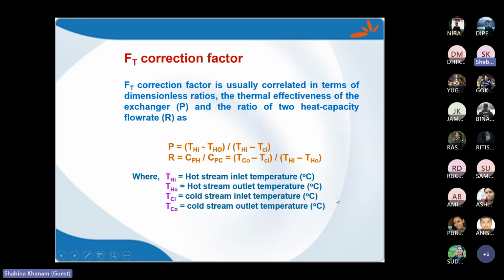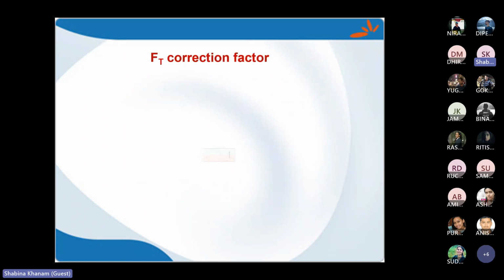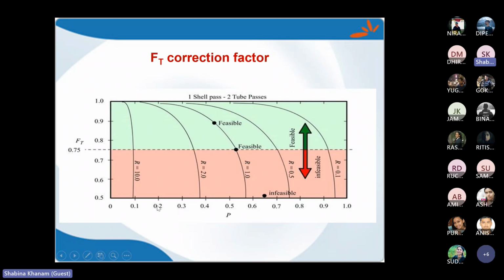So in that case, P and R you can calculate, and you can find this graph. You must have seen it in your heat transfer course also. On the y-axis I have the FT value, and on the x-axis I have the P value, whose maximum value is 1, and I have different curves representing R. Now this is for one shell and two passes only.